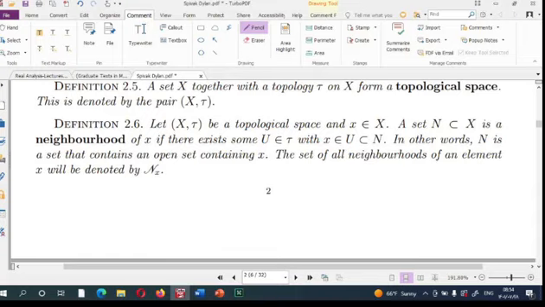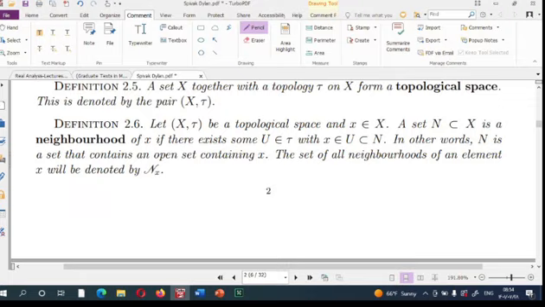This is important: x belongs to a member of topology, and this member is a subset of N. Then this N is called a neighborhood of x.